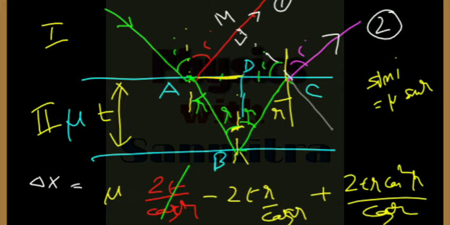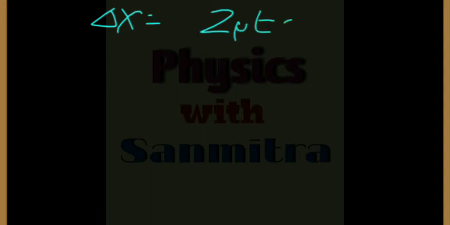Now these two terms will cancel out and you can perform the simple mathematics. I am doing it like this because I have lack of space. So I am getting delta x, the path difference, is equal to 2 mu t cos r.